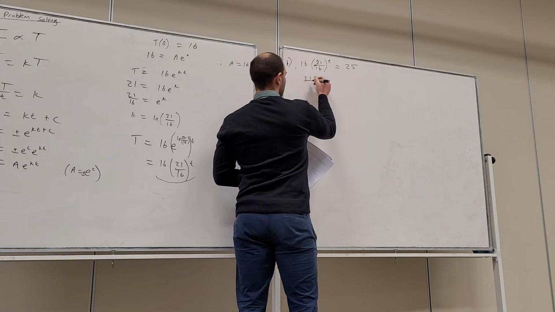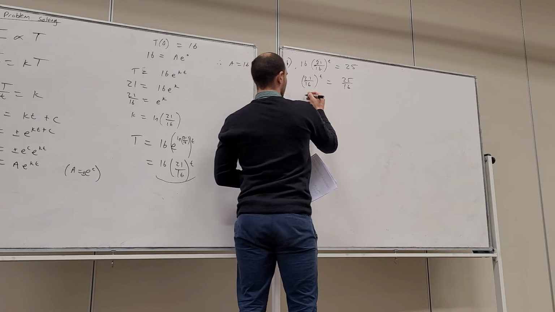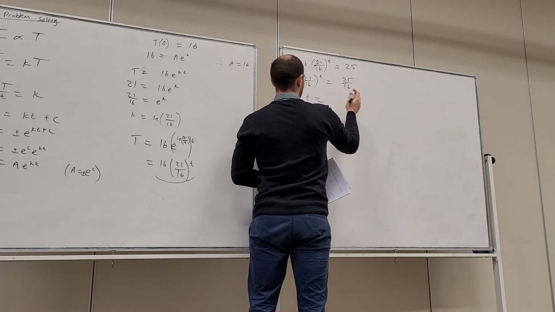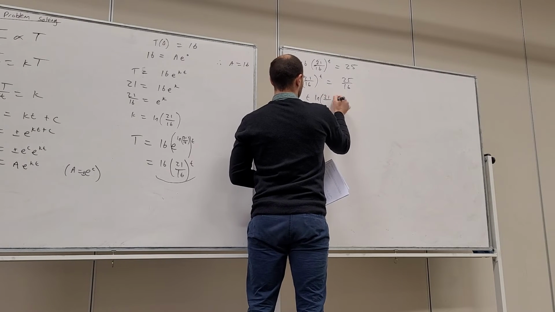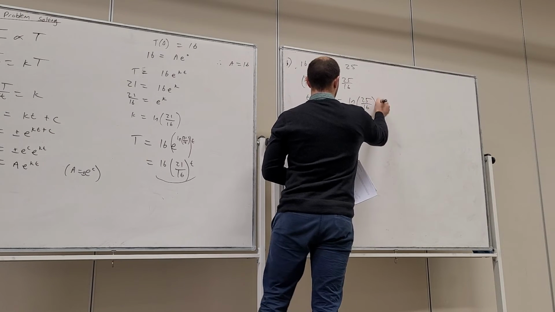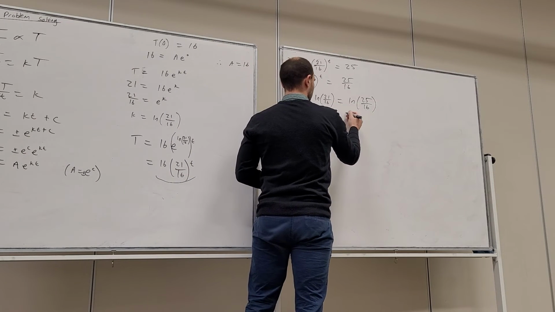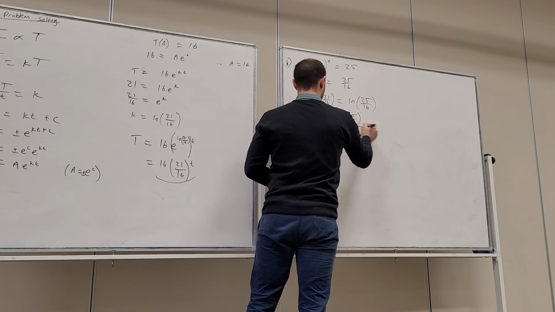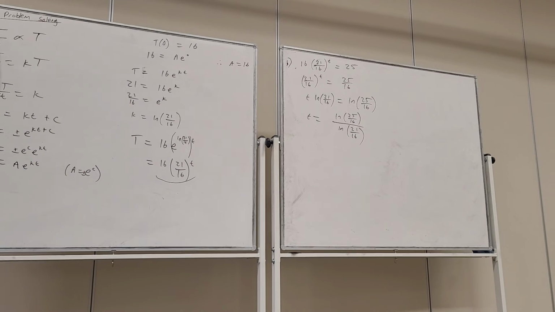Divide both sides by 16. Perform the natural logarithm of both sides. So we're going to have t multiplied by ln 21 on 16. And then divide both sides by this variable. Alright, so that's the exact value of time, although that's not particularly useful for us in the context of the problem. So I'll just do a quick solve for that one.